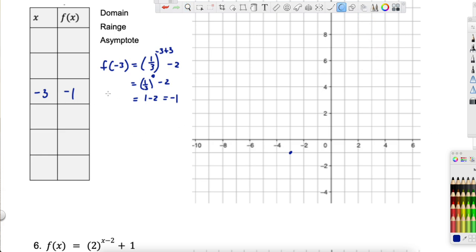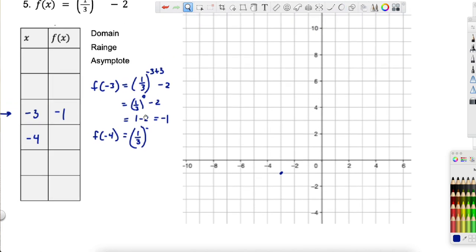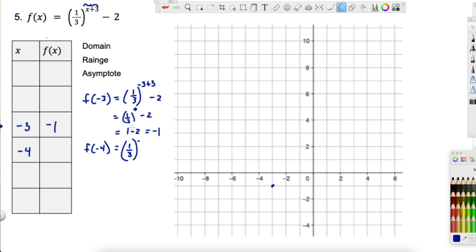All right, so let's try negative 4. We want points. So this is my anchor right here. And so I want to get points on either side of my anchor. So let's try -4. Just want to look at the equation as I plug it in. -4 plus 3 minus 2.